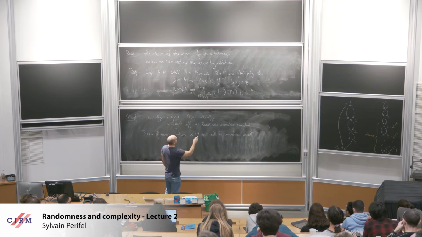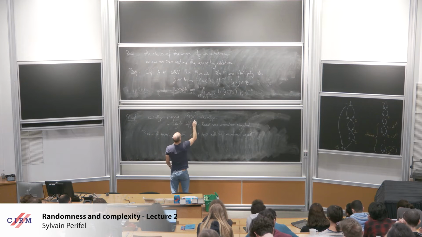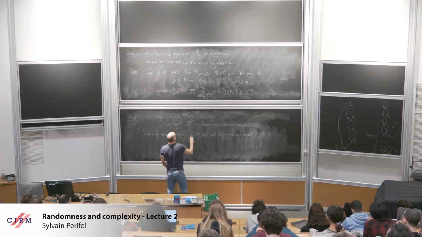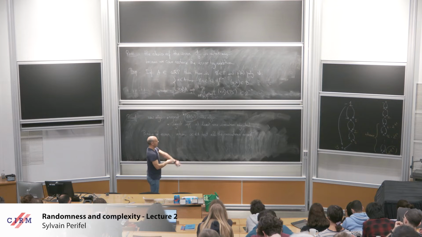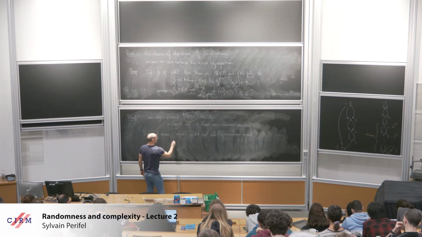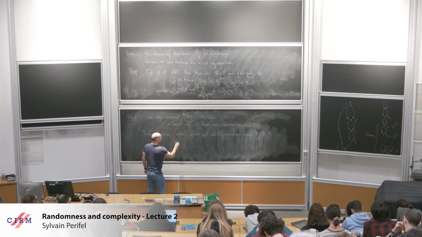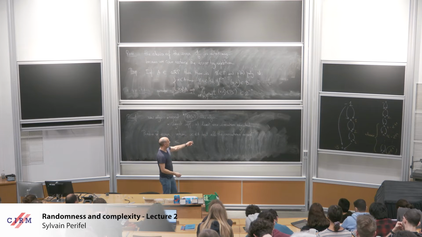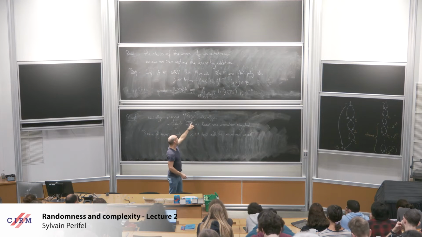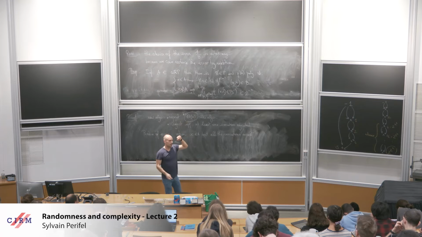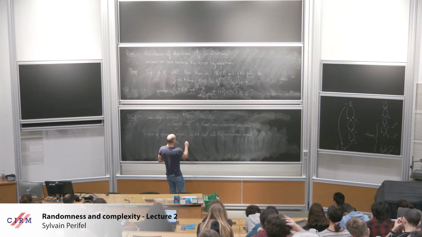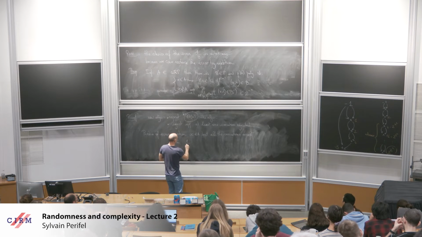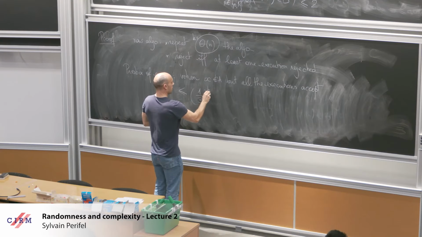Well, you have this number of repetitions here, let's say k. The probability is at most the probability of error for one execution to the k, because they are all independent. So this is at most 1/3 to the k.